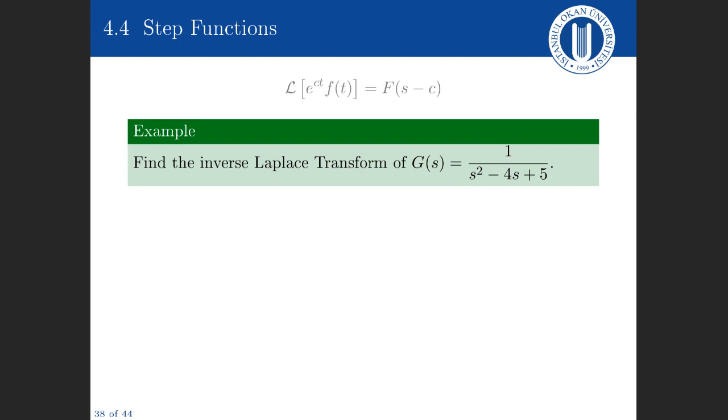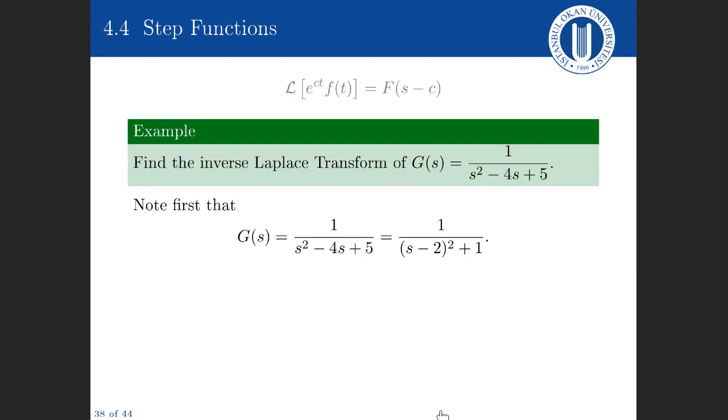Find the inverse Laplace transform of 1 over s squared minus 4s plus 5. Now, for a function like this, we don't use partial fractions because s squared minus 4s plus 5 does not have real roots. Instead, we complete the square. So instead, we're going to write this as 1 over s minus 2 squared plus 1.